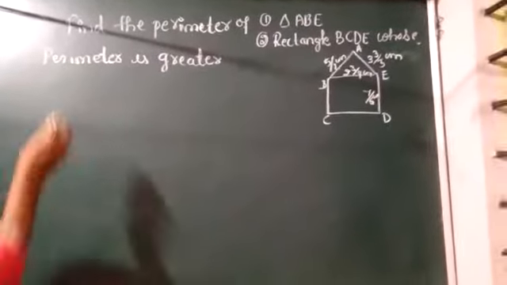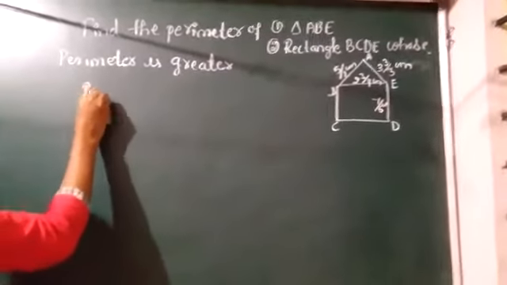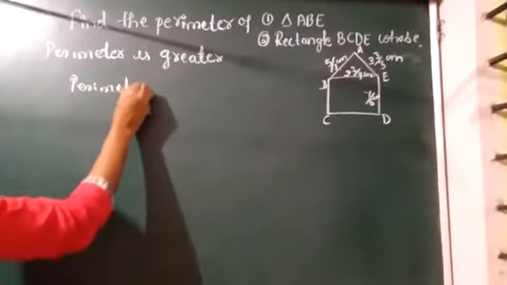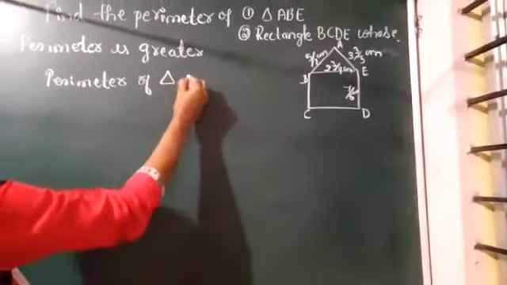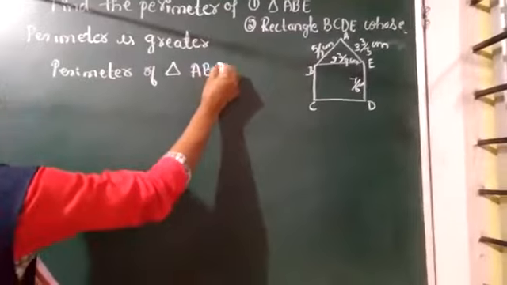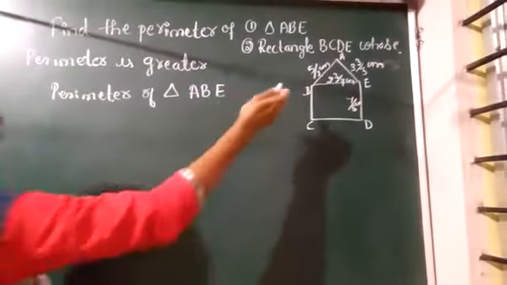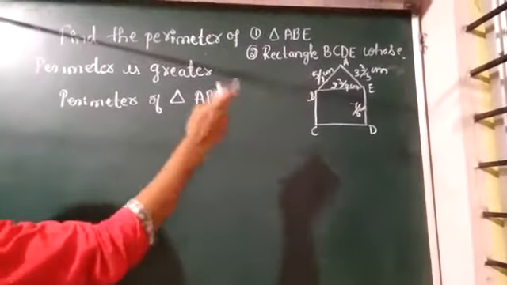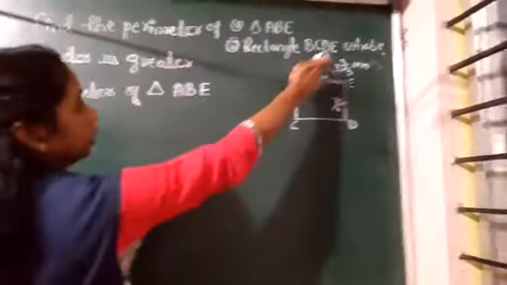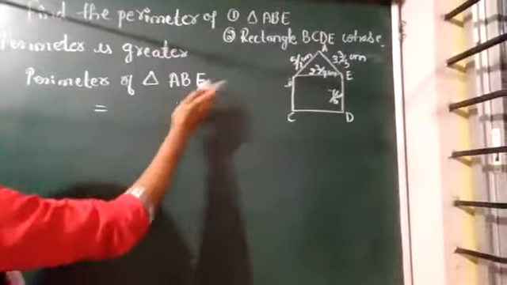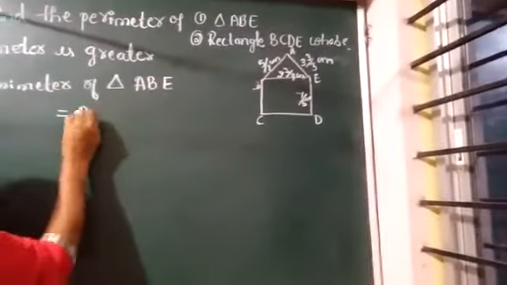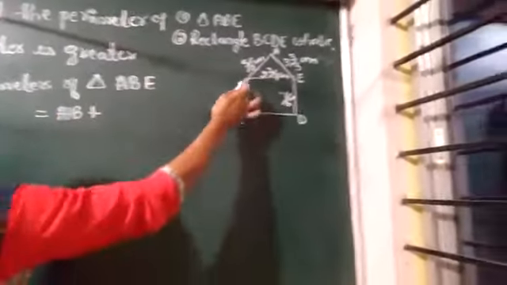So first we should find out the perimeter of triangle ABE. Perimeter of a triangle means the sum of 3 sides, that is AB plus BE plus AE.